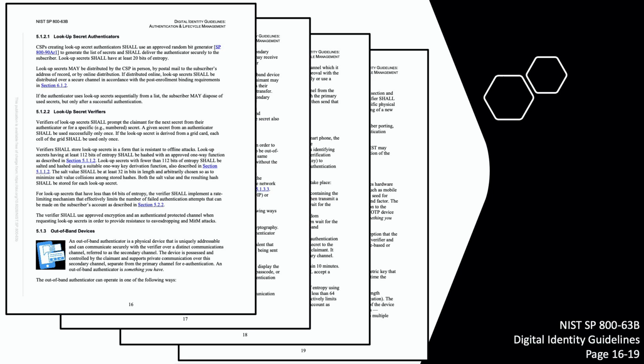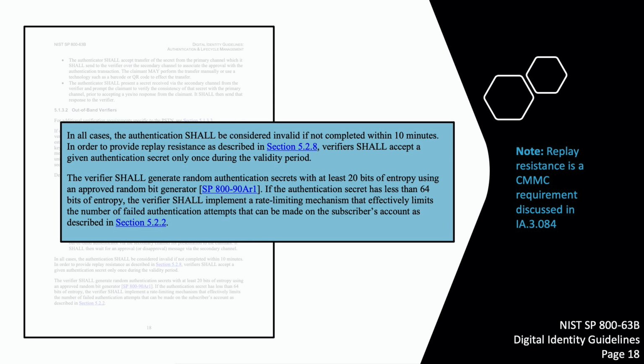Those are validating the level of entropy that's used in the token codes and validating the replay resistance of the token, right? So how is there a timeout there, and is that method replay resistant in the provider? You're going to have to look at how the provider implements this and look in their very detailed controls and understand how they're doing that, if they're willing to share that with you.